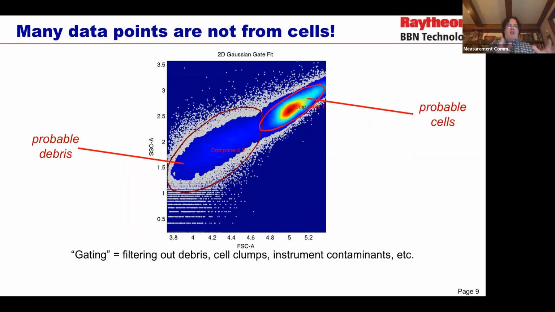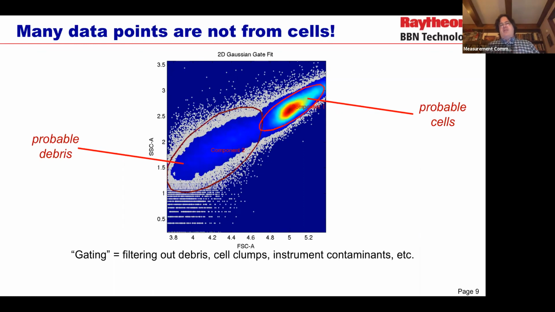And you've got other stuff that's smaller or just scattered all around, and that's likely to be debris. That's like fragments of dead cells, or bits of precipitated media, or just junk that's floating around in your flow cytometry machine from the person who used it before you and didn't clean it properly, or who knows what.